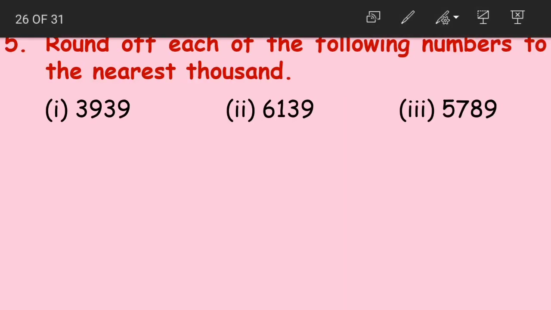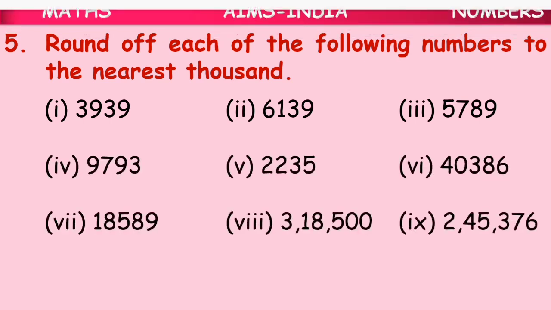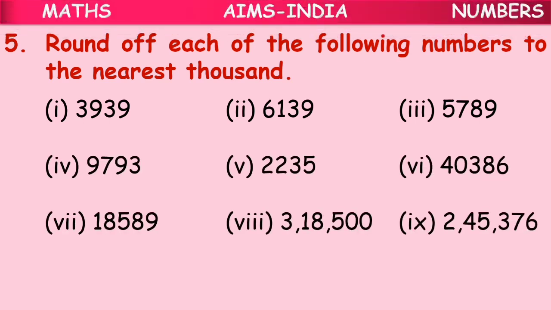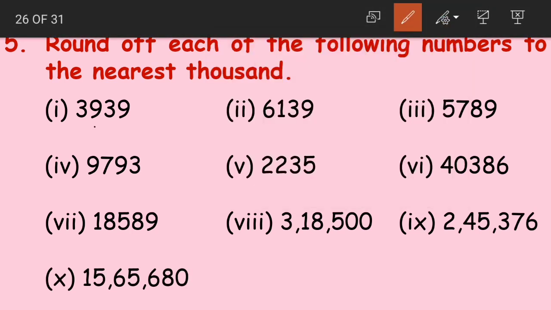Now let us come to the first question. Question number 1, 3939. Now when we look at this, what is the first step? Look at the digit in hundreds place. It is greater than 5. So add 1 to the digit in thousands place. 3 plus 1 becomes 4.